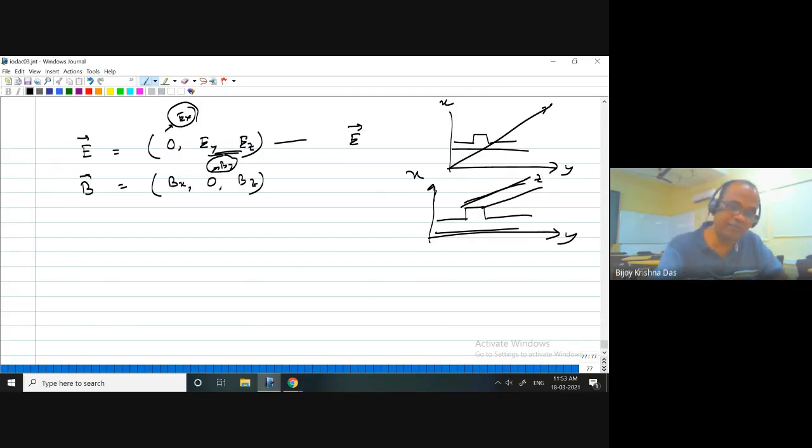Now, if your electric field is in the YZ plane, parallel to the base plane, an Ex component can be there, but very negligibly small. And the magnetic field is in the XZ plane, that means the vertical plane. If your waveguide is there, the magnetic field is in the vertical plane and the electric field is in the horizontal plane. If you get that type of solution set from your solver, we'll call that a TE-like mode.